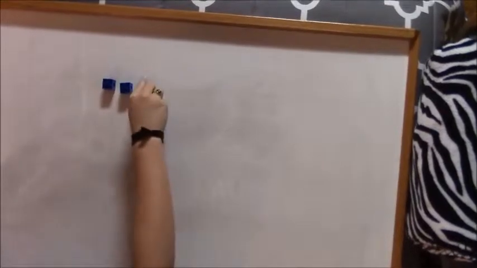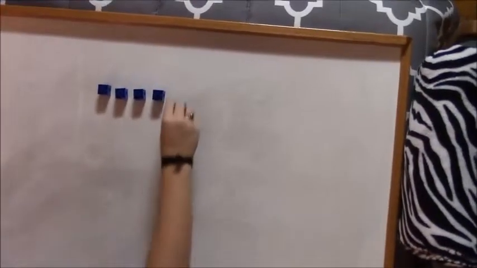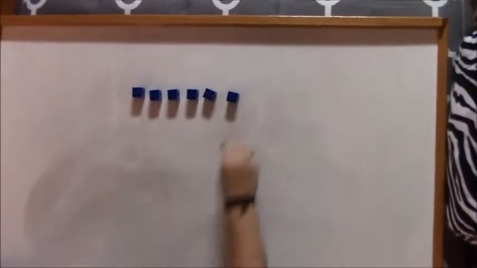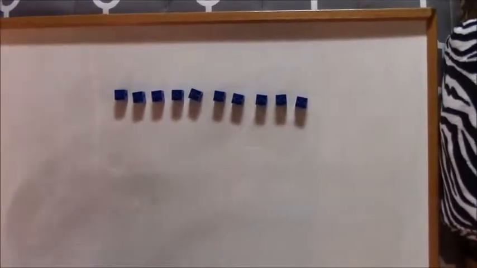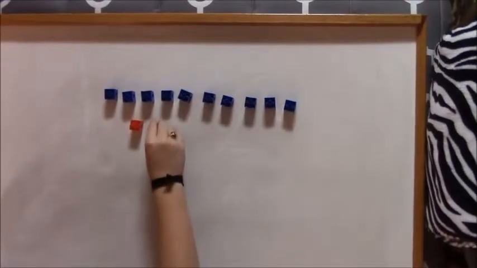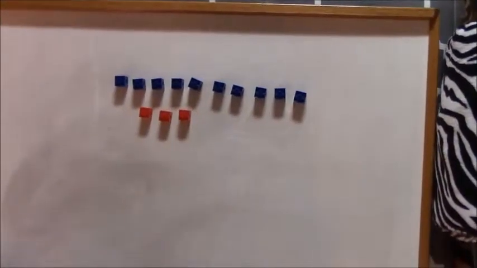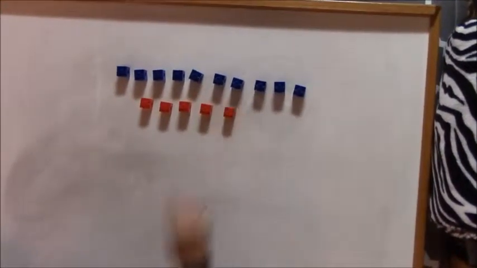So the number 15 is represented through 15 Lincoln cubes. So we have 1, 2, 3, 4, 5, 6, 7, 8, 9, 10, 11, 12, 13, 14, and 15.